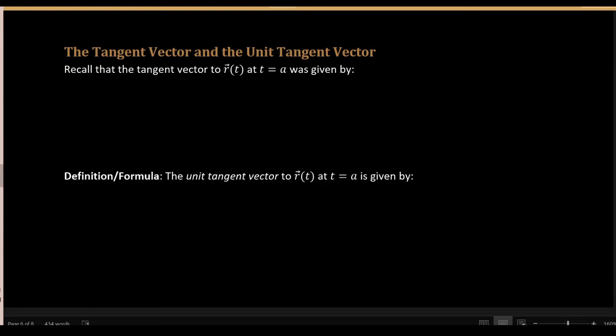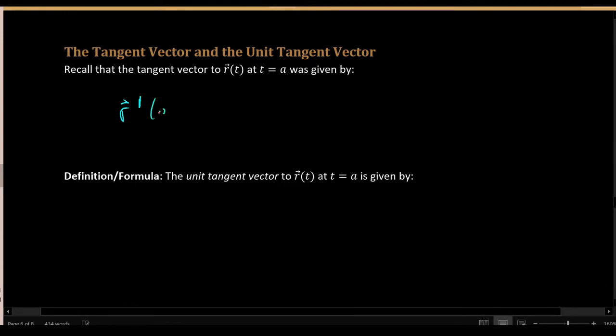Now, the tangent vector was what we called r prime at whatever time you were interested in. The velocity vector with the time t equals a plugged in. Now, that's the tangent vector, but for this coordinate system, we want a vector of length 1 to match the fact that the vector i, pointing in the x direction, is taken to have length 1.